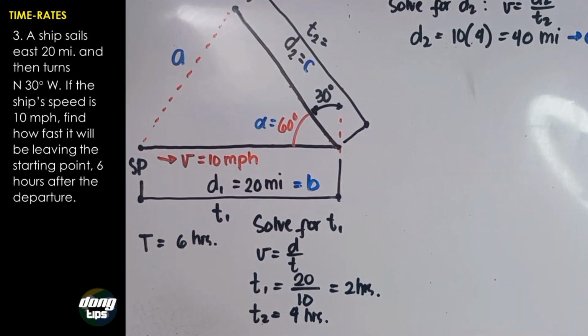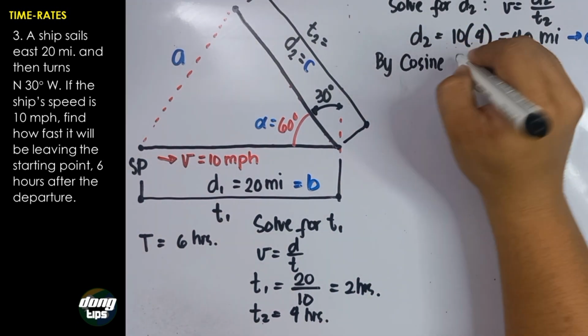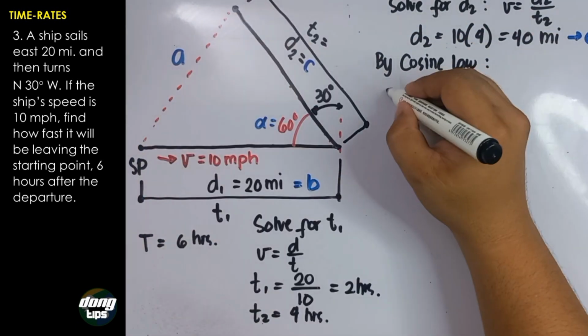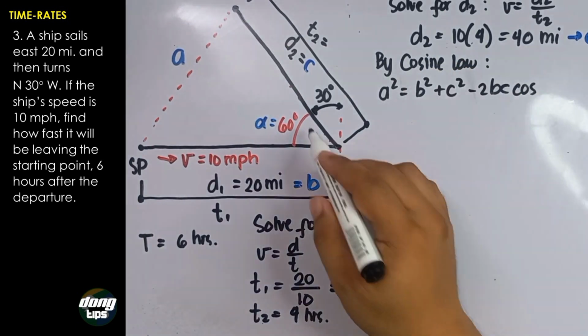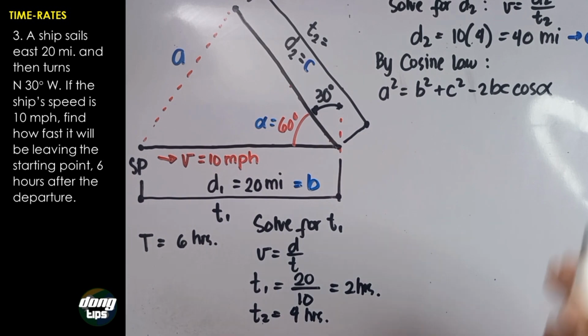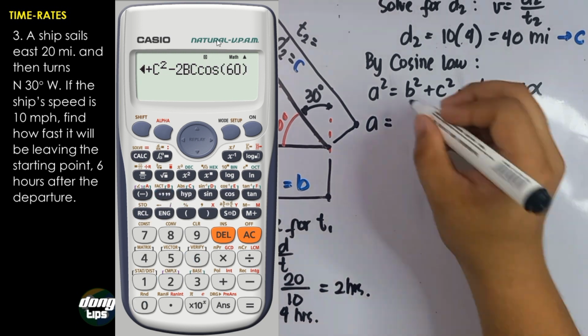Solve for the distance A using the cosine law. Use the calculator in solving A. And the value of A is 20 square root of 3, or 34.64.